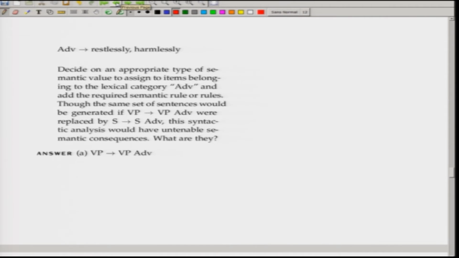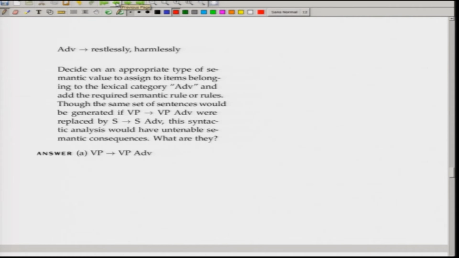So there are actually two parts in the question. I find it a very brilliant question. One is to write the rules, if you want to accommodate the adverbs, that is restlessly and harmlessly. So what is it we are writing?